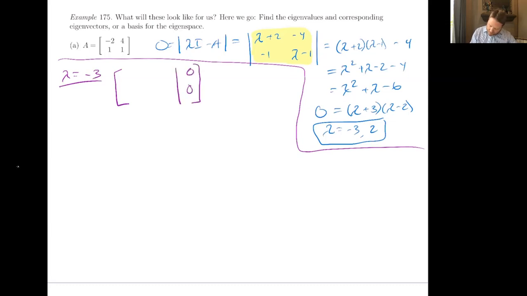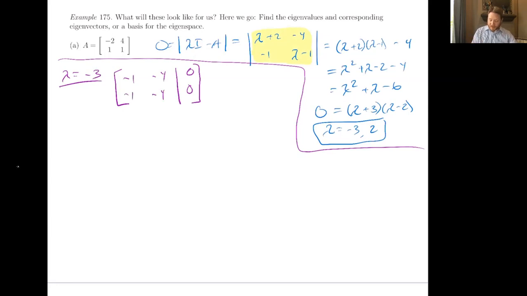So when I plug in lambda equals negative 3, I'm going to write that matrix here. So negative 3 plus 2 is negative 1, negative 4. Then I get negative 1, and negative 3 minus 1 is negative 4.